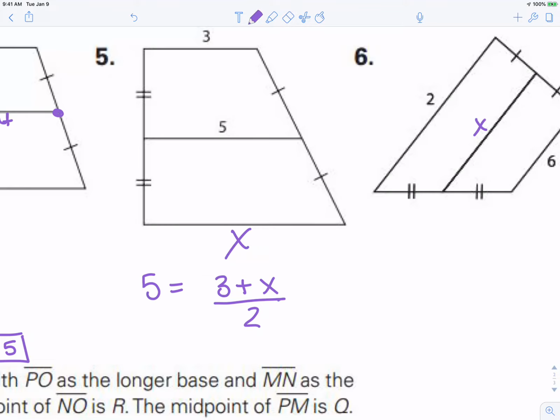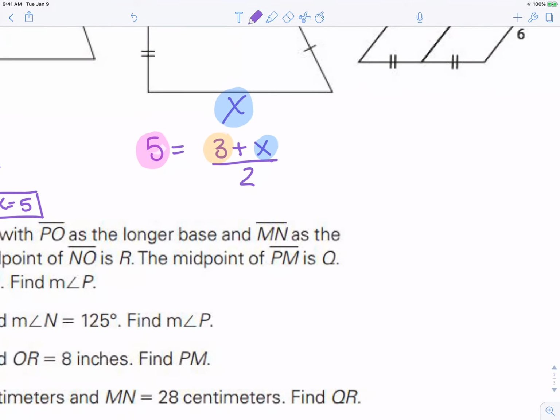You need to know how to set these up. So the mid-segment goes here, and then each of the bases, base 1 here, and the other base right there. I'm going to solve this by multiplying both sides by 2. So I get 10 equals 3 plus x, subtract 3, and x is 7.